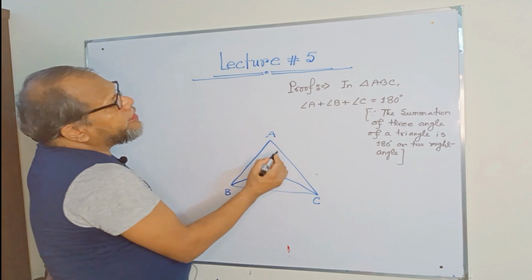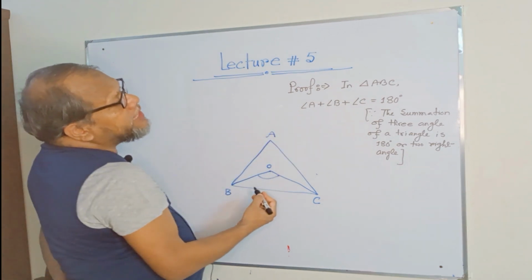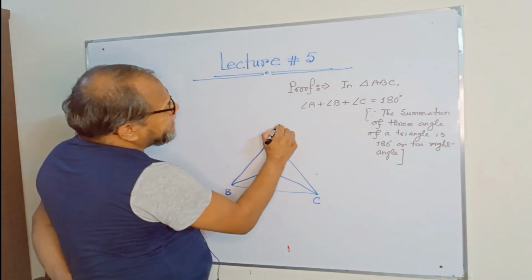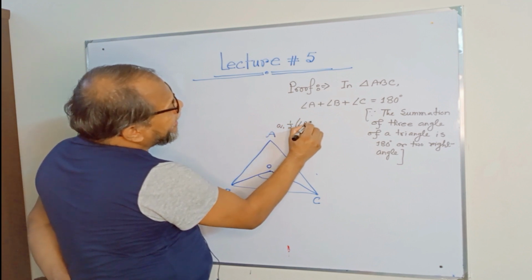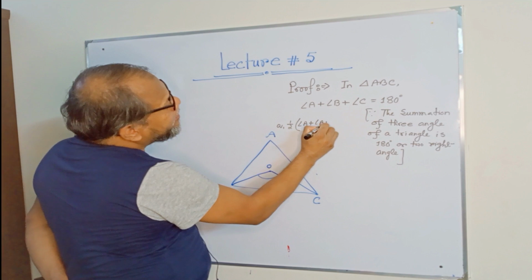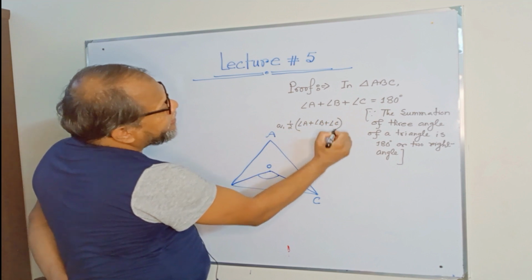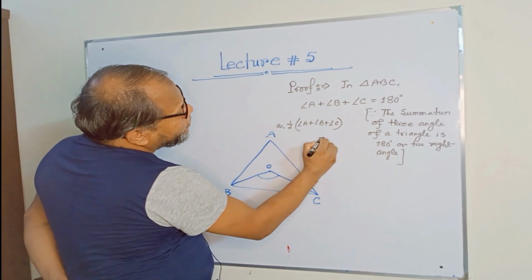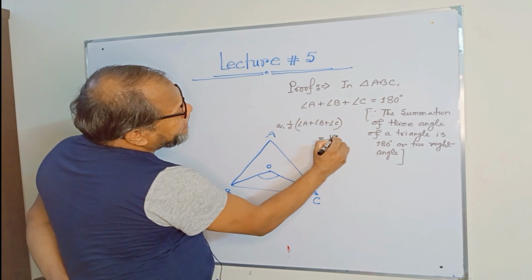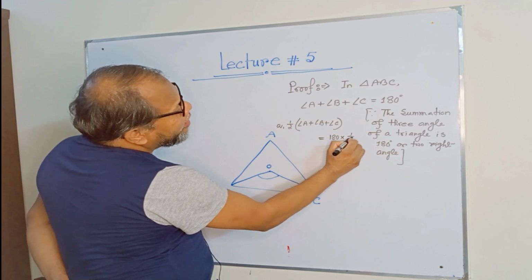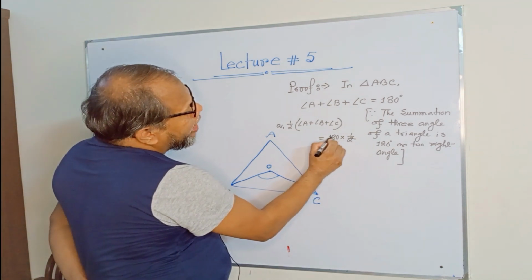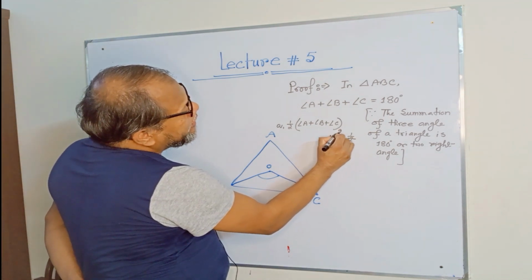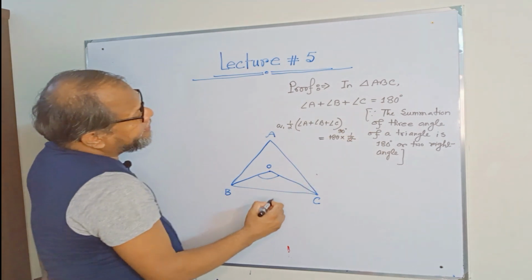So if you multiply both sides by half, we get half of angle A plus B plus angle C is equal to 180 degree into half. Here half of 180 is 90 degree.